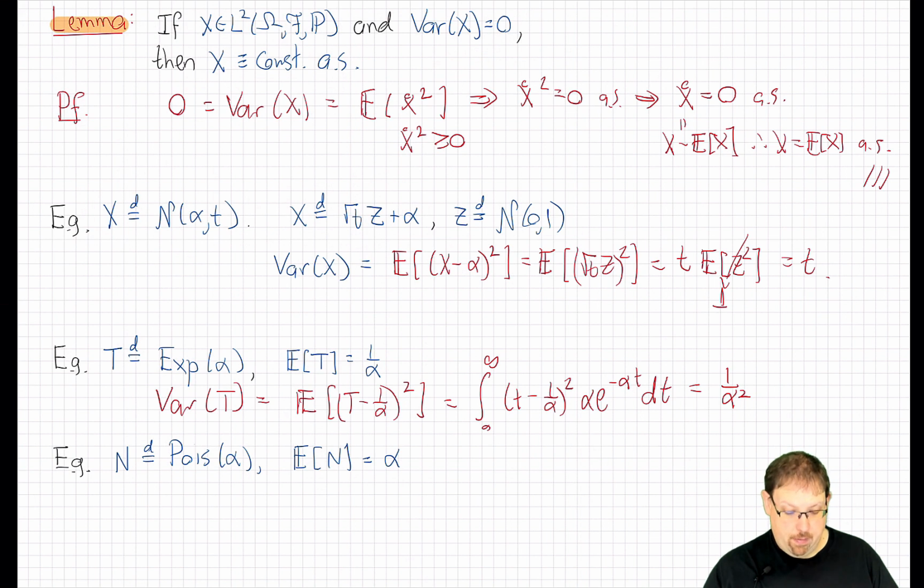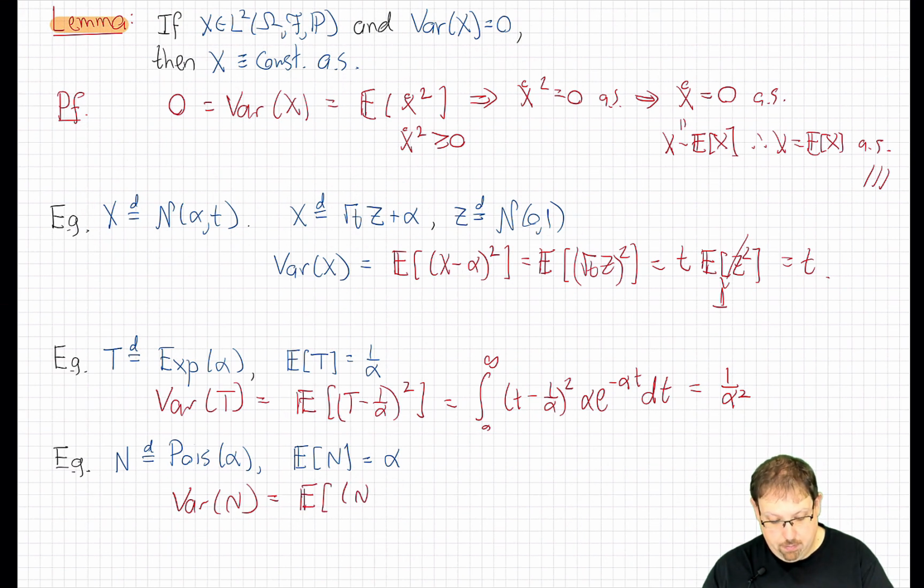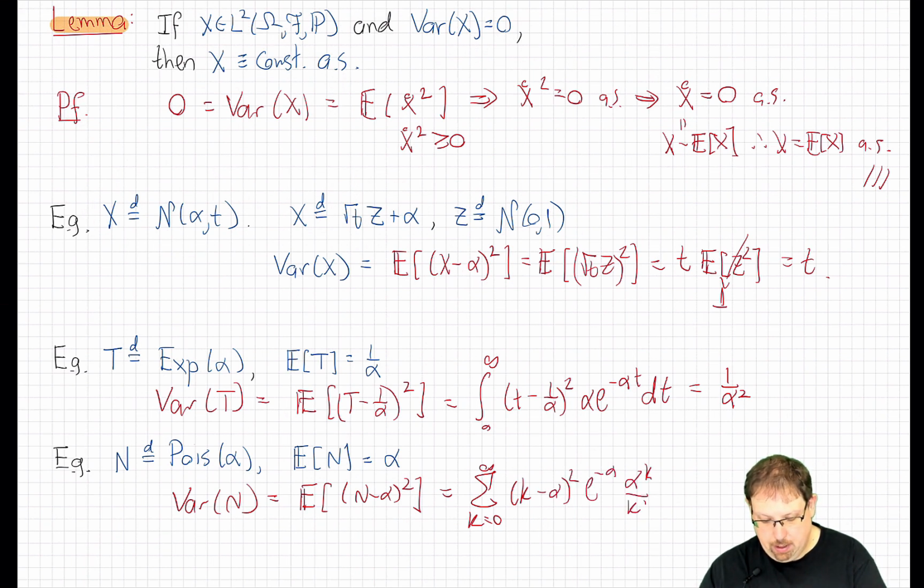How about a Poisson random variable? We calculated that a Poisson of parameter alpha has expected value alpha. The variance of this discrete random variable, again, is the expected value of the square of the centered version. That expected value, being an integral of a pure point measure, reduces to a sum, k going from 0 to infinity, of (k minus alpha) squared e to the minus alpha alpha to the k over k factorial.